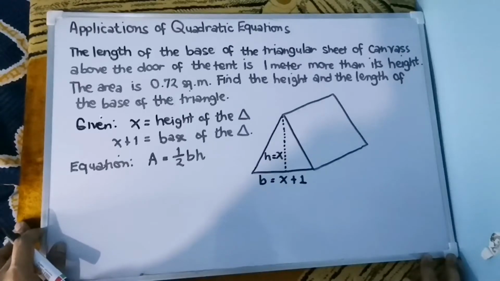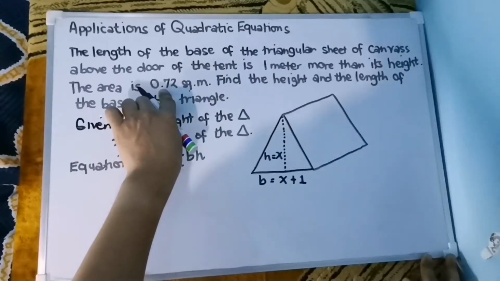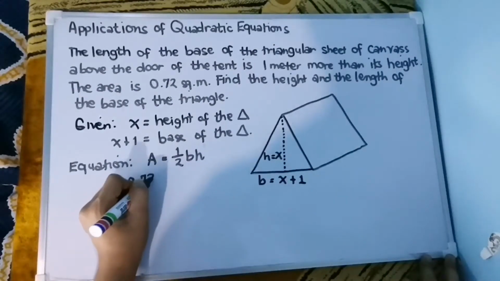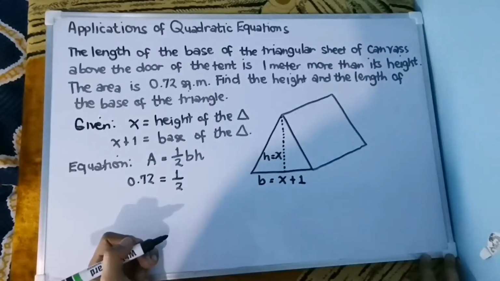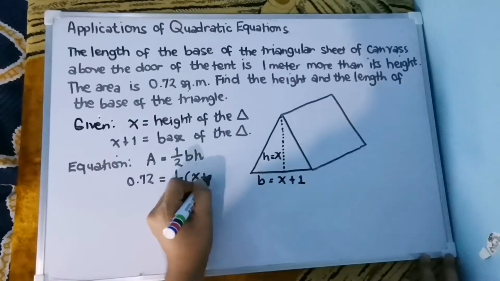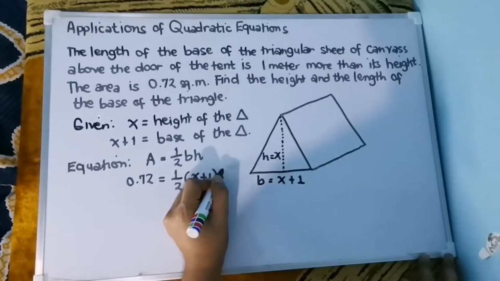We just substitute the values. So the area is 7200 square meters. So we can write it as 0.72 equals 1/2. Our base is x plus 1. And our height is x.